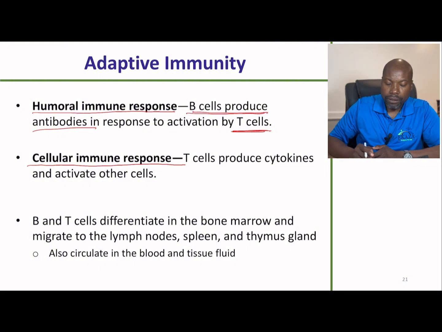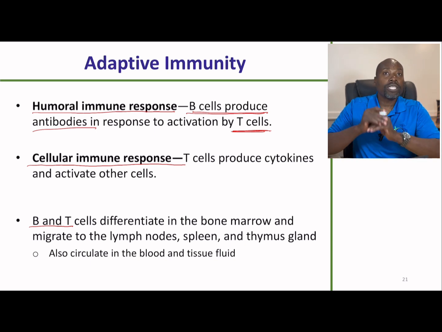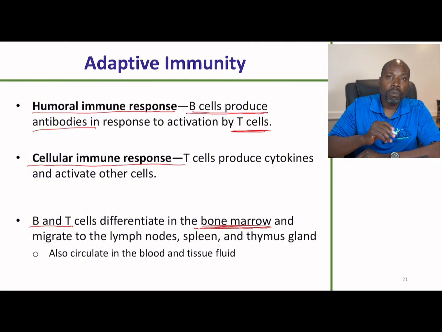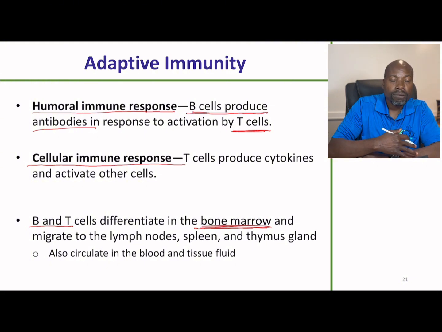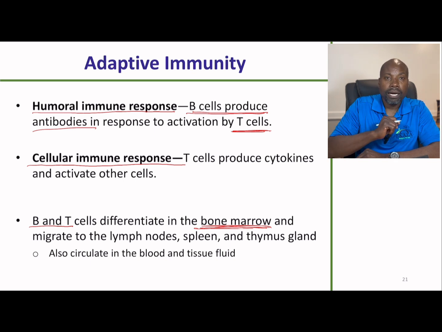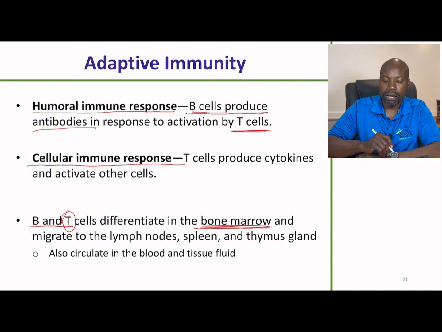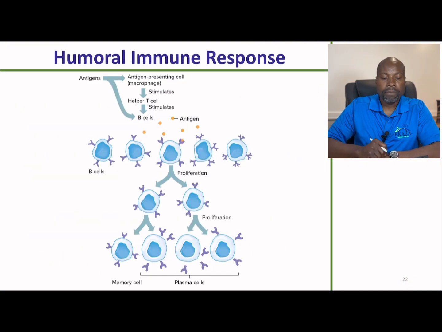B and T cells are going to differentiate in the bone marrow, as I already mentioned. However, they are going to migrate to different organs, including the lymph nodes and the thymus. The T cells are the ones that are going to learn in the thymus the difference between self and non-self.